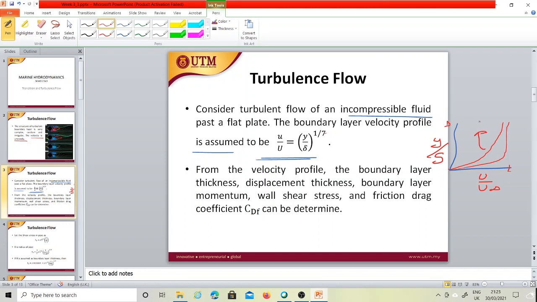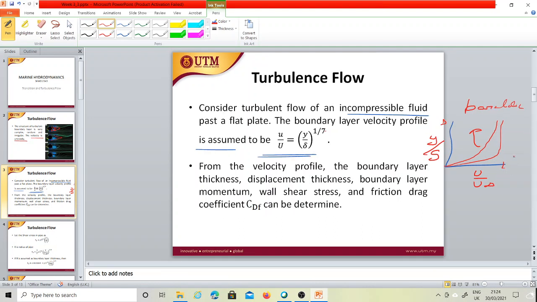Mainly this one is for laminar flow, that is parabolic, and on the other hand, for the turbulent flow we consider it like a 1/7 power. So we call it the 1/7 power law. It means we consider the relationship u by u infinity is equal to y by delta to the power 1/7. So we always consider this when we consider the turbulent flow.